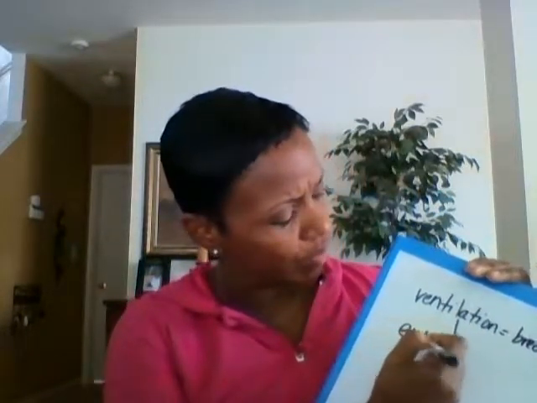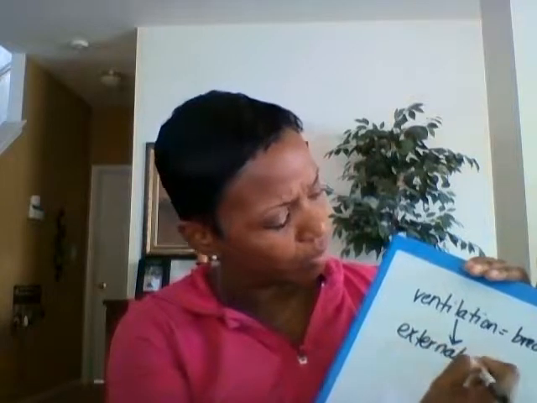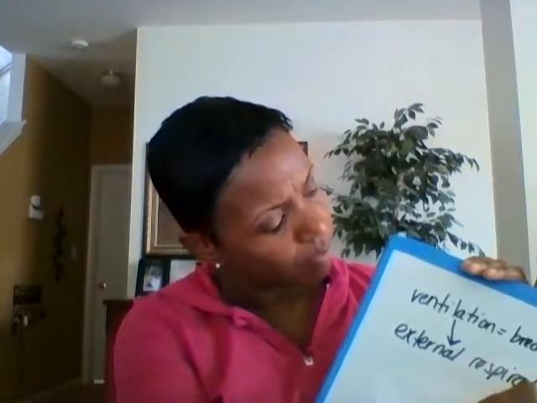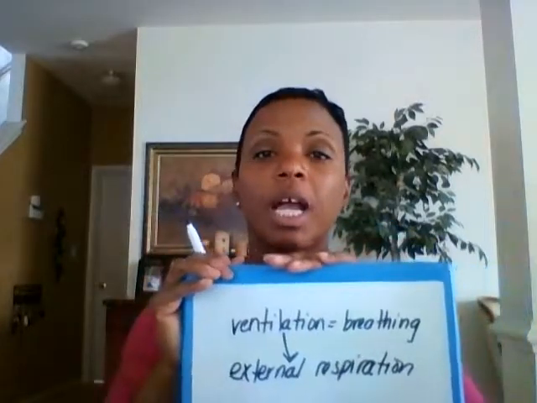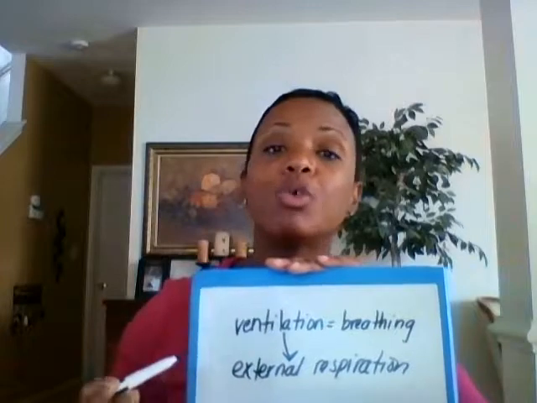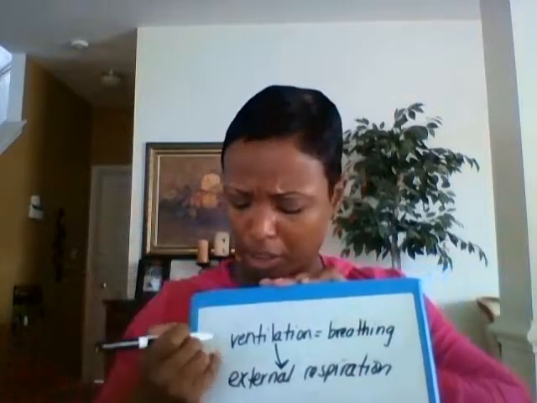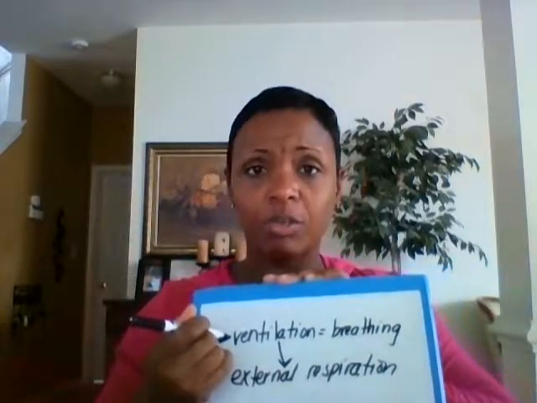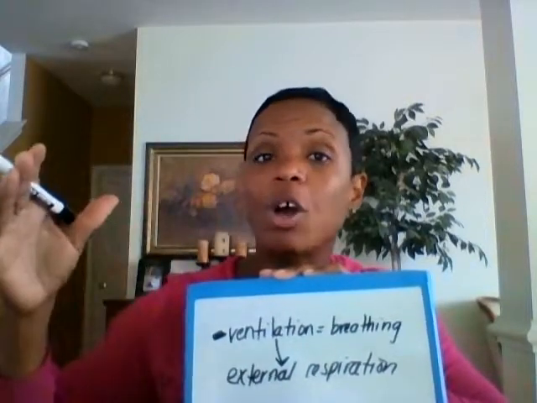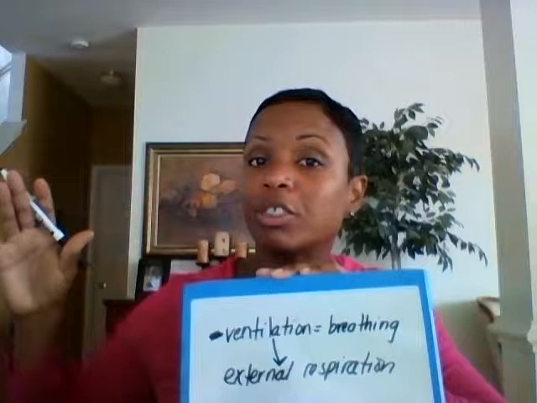external respiration occurs. And what happens is that's when the gases actually move into your lungs. First thing you got to do is you got to breathe it in. Once you breathe it in, then the organism breathes. I'm taking it all the way back to the levels of organization.